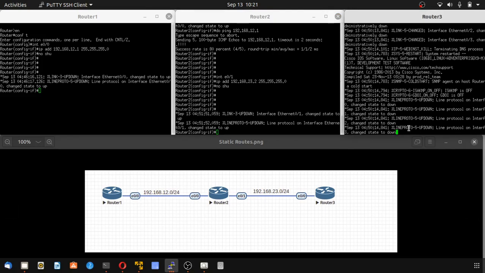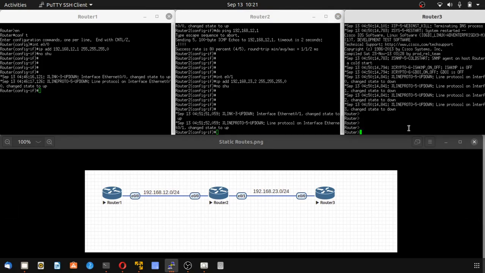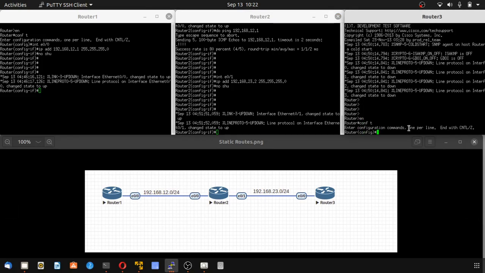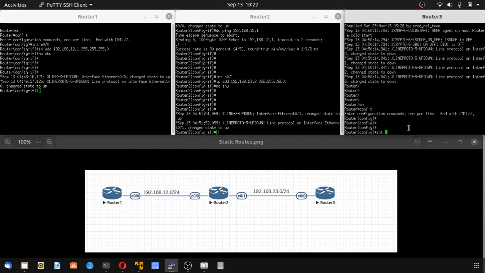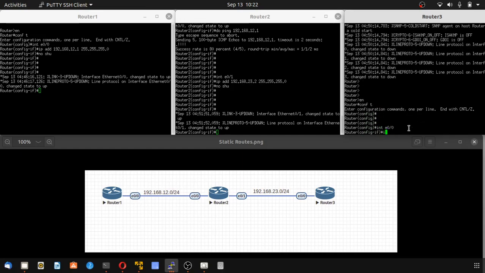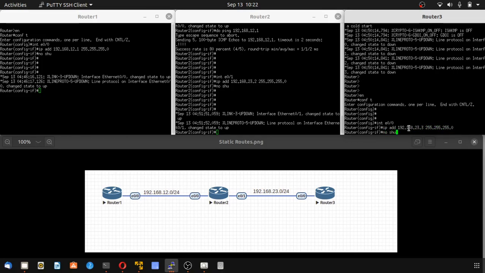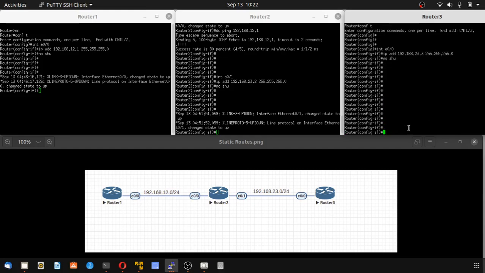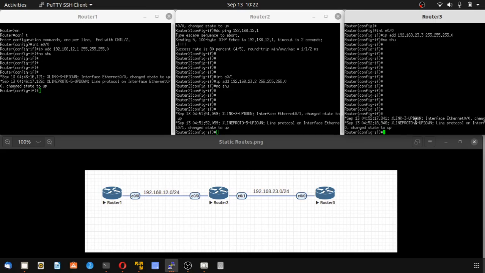Now, last but not least, I have to configure the R3 interface E0/0 with IP address 192.168.23.3, 255.255.255.0 and no shut, and you will see my interface will come up. See, now my interface is up.